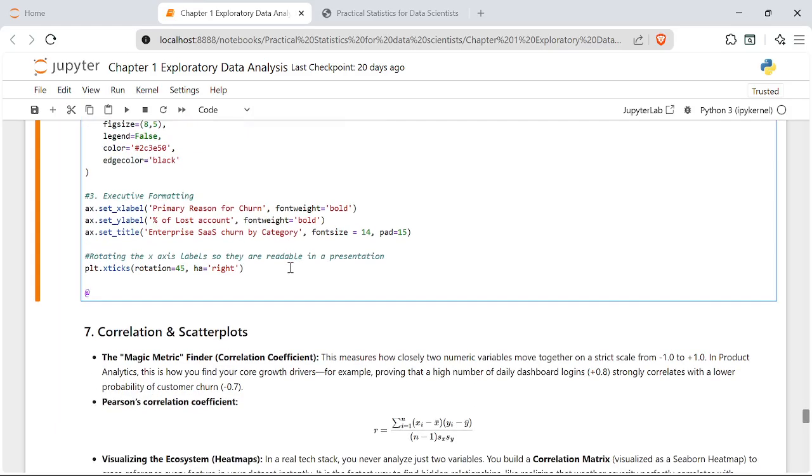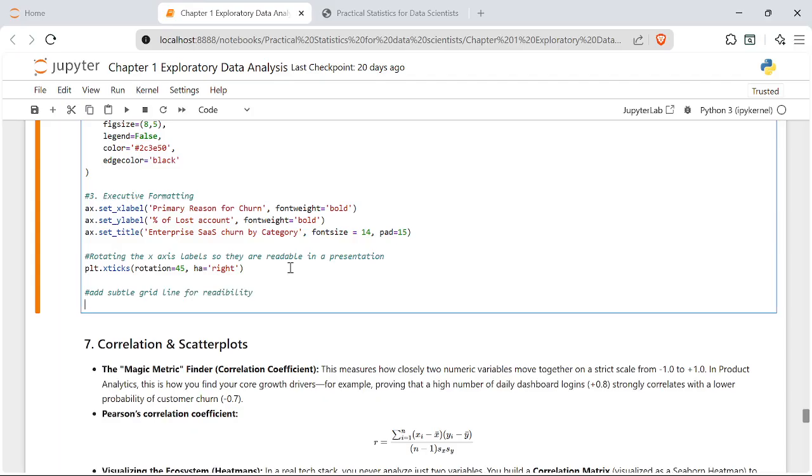Add subtle grid lines for readability. ax.grid(axis equals y, linestyle equals dash dash, alpha equals 0.7).